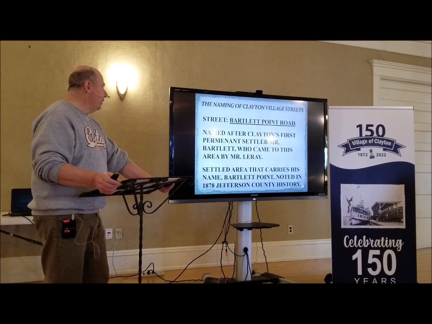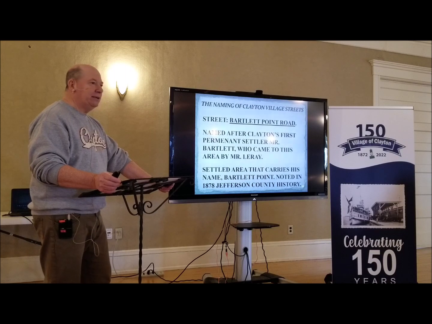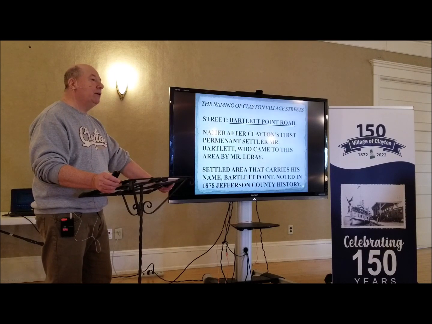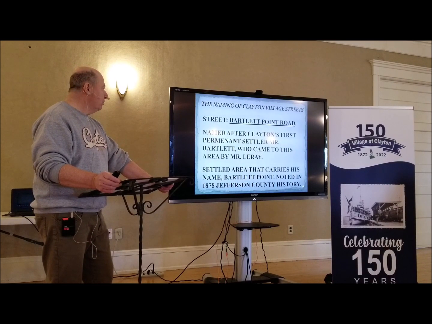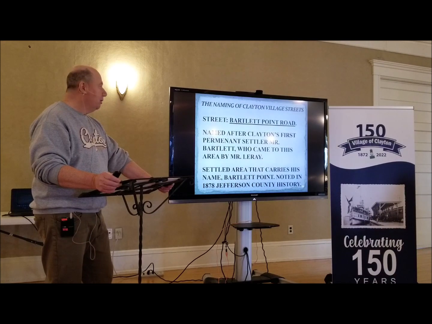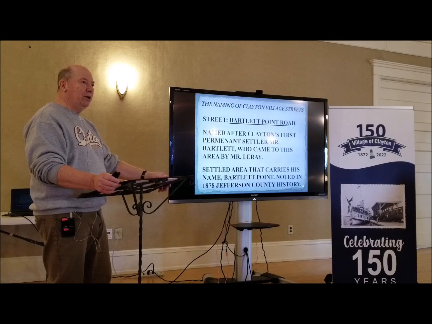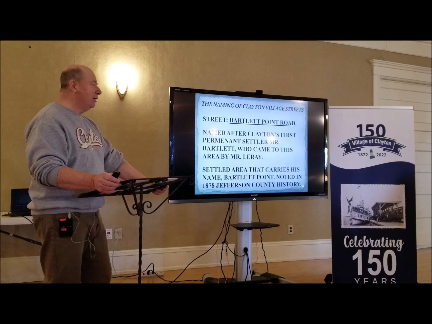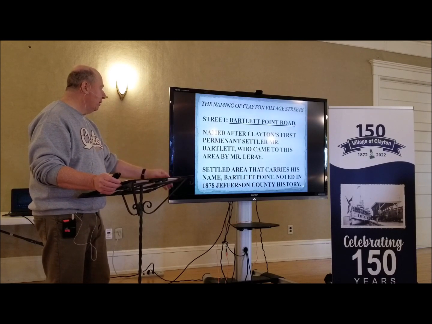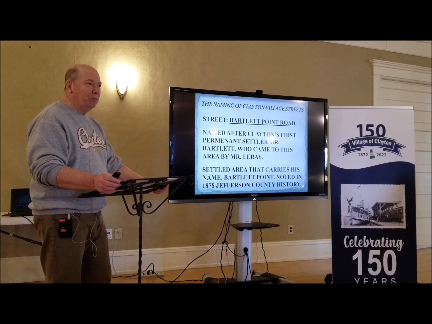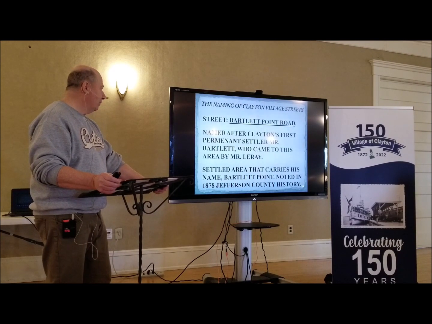But anyways, he was one of the first permanent settlers. He did not stay in the area too long, 2 years, but he put a mark on where the Bartlett Point Road is. Now you can imagine he lived over there. But he came to this area again under appointment from the LaRae family.